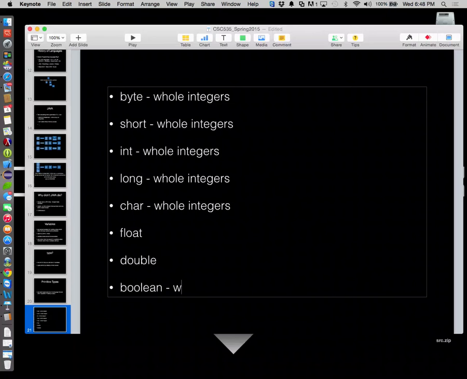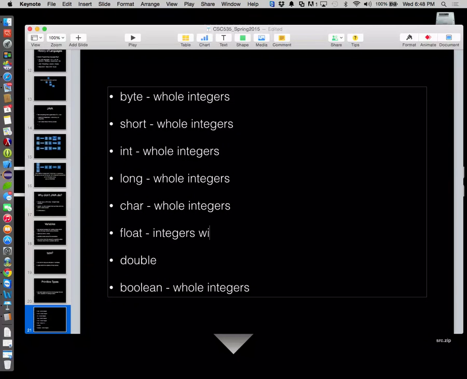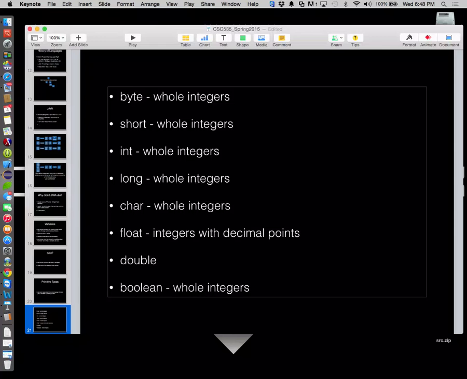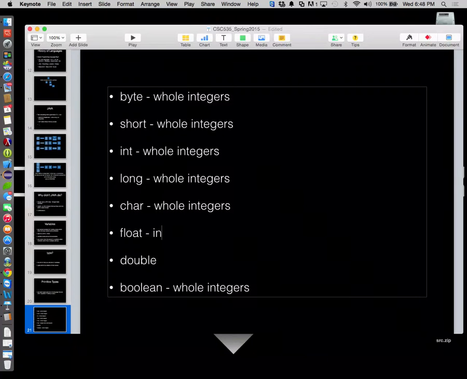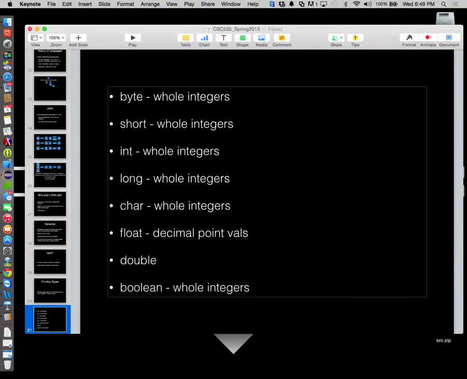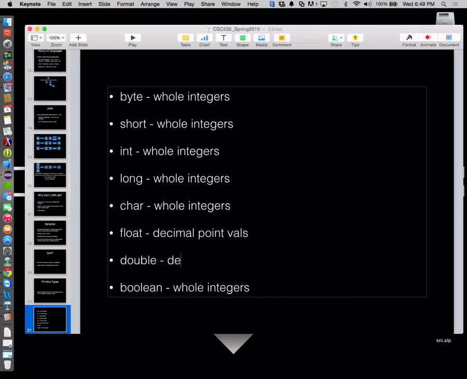A Boolean holds whole integers. A float holds integers with decimal points. Or we can say decimal point values. That'll take up less space. A double holds decimal point values.